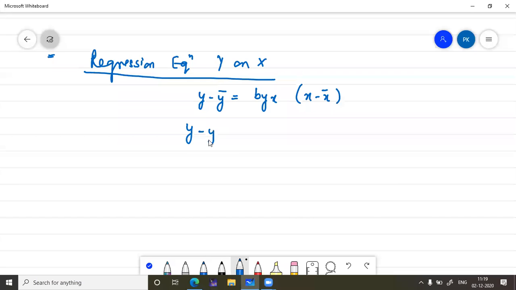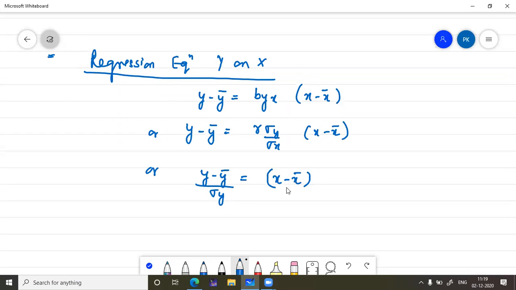And I can write this as r sigma y by sigma x, x minus x bar. Or we can write it like y minus y bar divided by sigma y is equal to x minus x bar divided by sigma x, when r is the correlation coefficient, r is equal to plus minus 1.